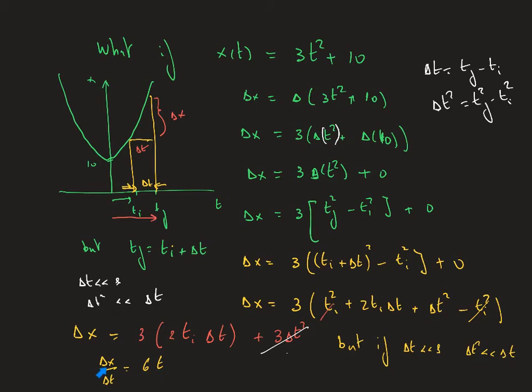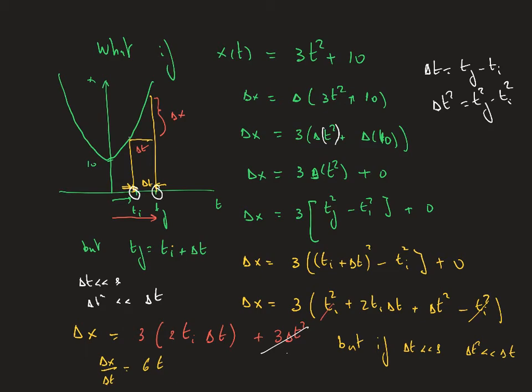This says that the slope depends on the point t that you are. If you are at t equal 1 second, delta x divided by delta t will be 6 times 1. But if you are at t equal 2, delta x divided by delta t will be 12 times. So you can see in the picture that it's not the same to make delta x divided by delta t around this point than around this point.